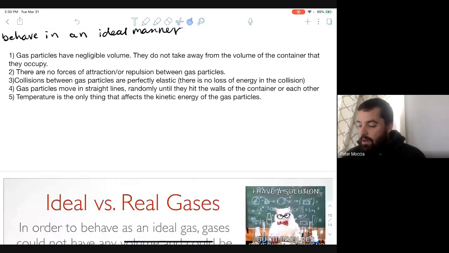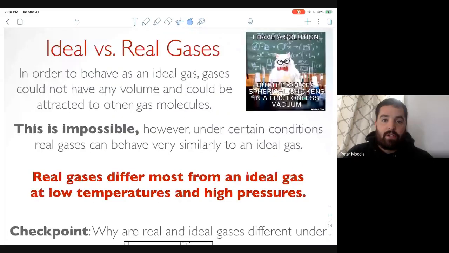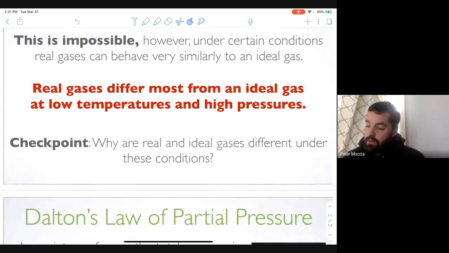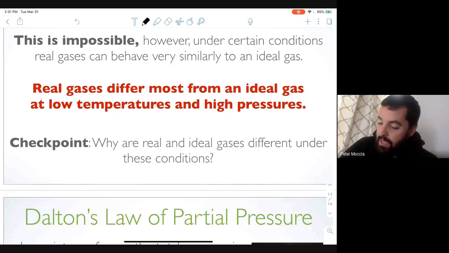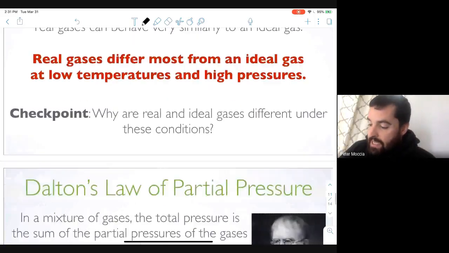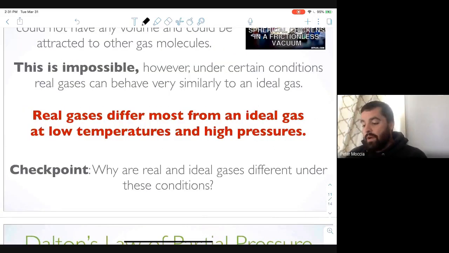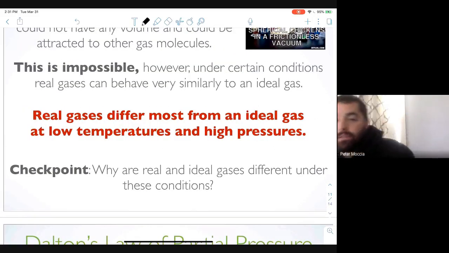ideal manner. Now, if we start talking about ideal versus real gases, in order to behave like an ideal gas, the gas molecules can't have any volume. We talked about this. So certain conditions are not conducive to ideal gas behavior. So when does a gas act as a real gas, and when does a gas act as an ideal gas?